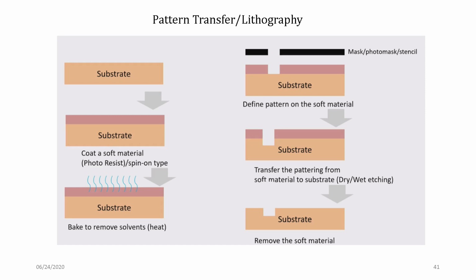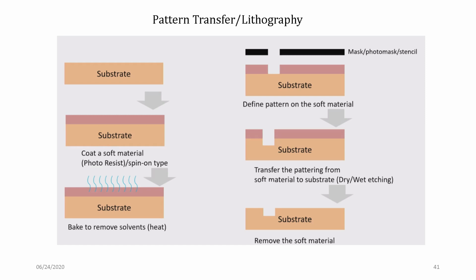The mask has a pattern, and once you expose it to UV light, there is a reaction between light and the layer here, which transfers the pattern, and then this has to be taken through etching.